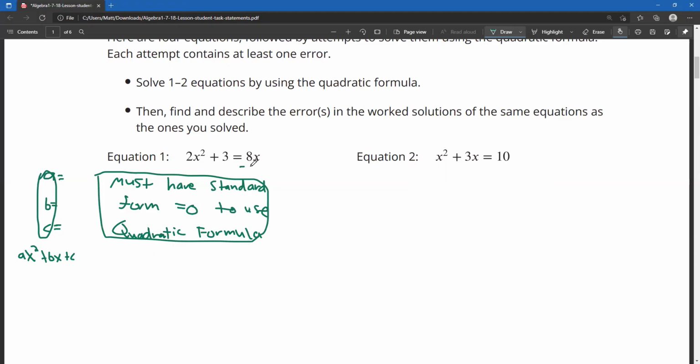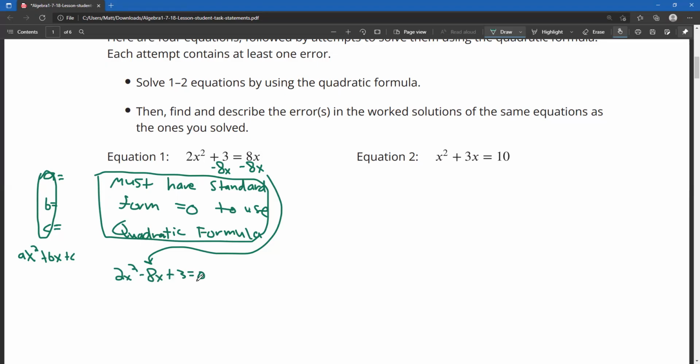If we just subtract 8x from both sides, and then write the terms in a certain order, where we can see what A, B, and C are most clearly: 2x squared, minus 8x, because that gives us the b value where it usually is, plus 3 equals 0.